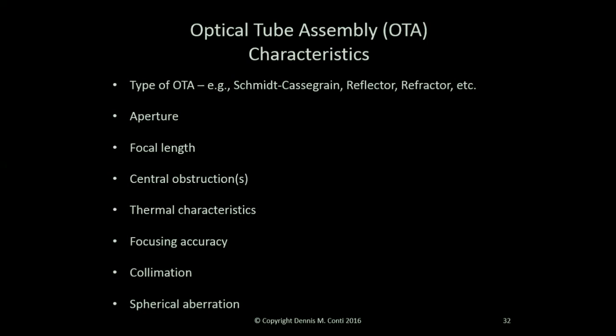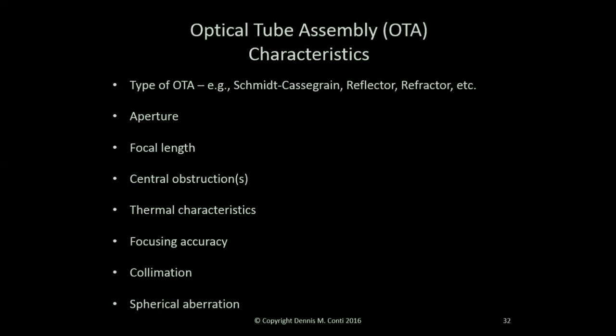Then there's the accuracy of focusing, and we'll say a little bit more about focusing as it relates to exoplanet observing, where it doesn't need to be as critical as, for example, when we're doing deep sky imaging. There's the collimation of the optical tube assembly, that is to say, bringing the focus of an image to as fine a point as possible.